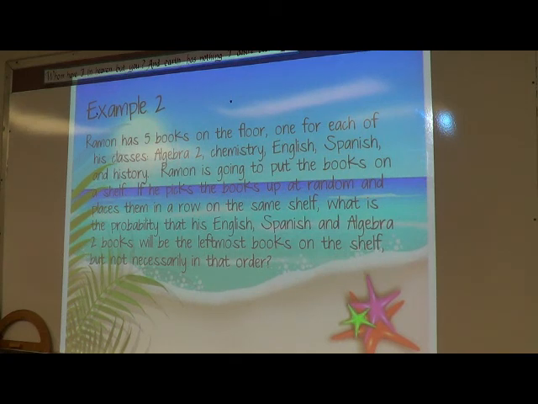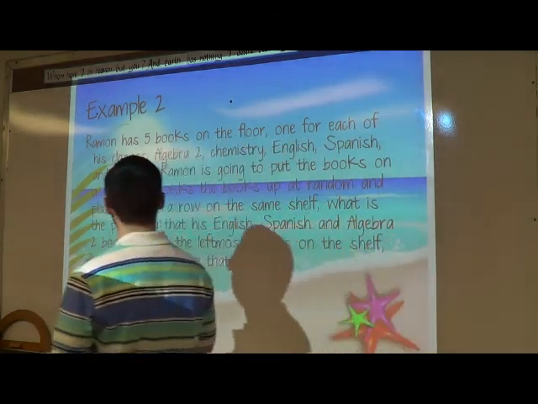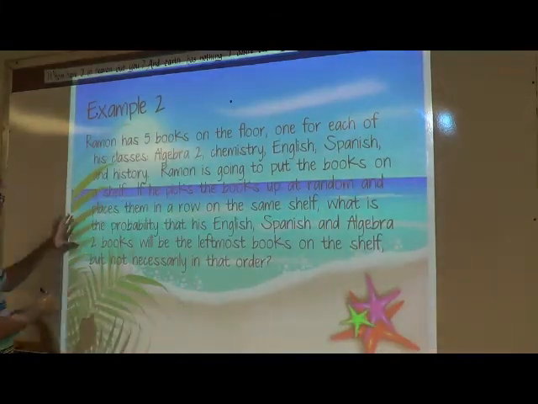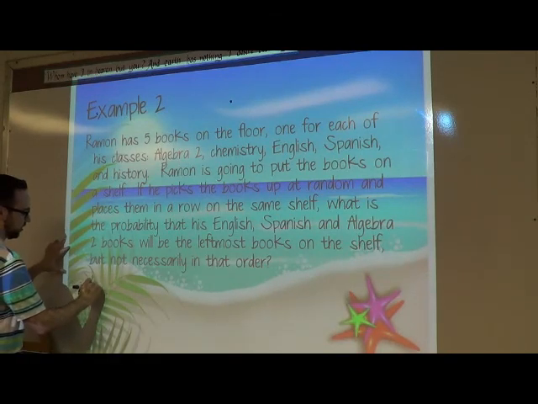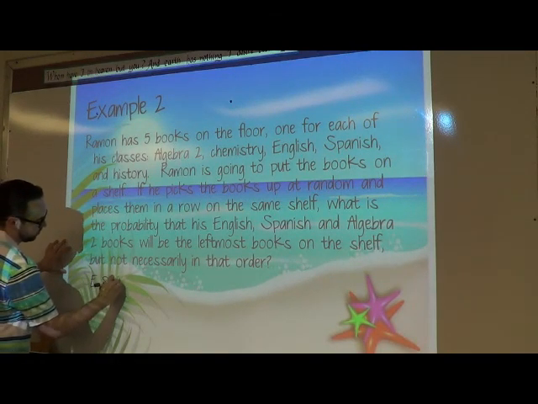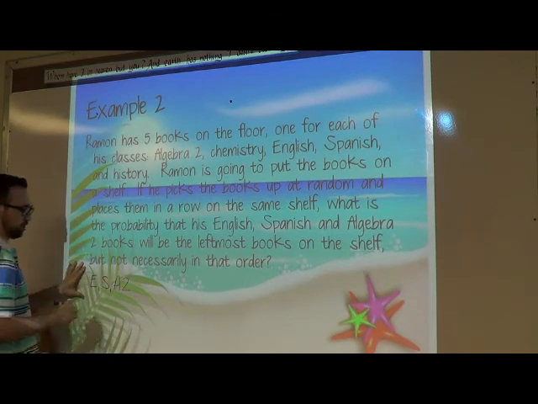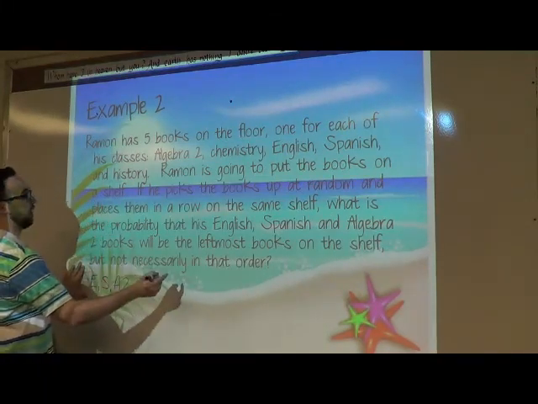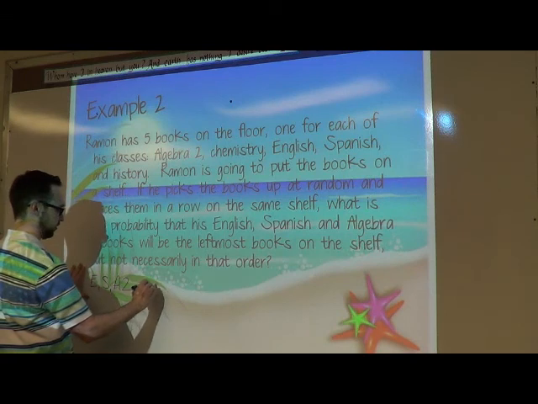However, what we do want to figure out is, there's 5 total books. So we'd kind of divide them into 2 groups. They want English, Spanish, and Algebra 2, so we have those books over here. And then what do we have left? History and Chemistry.